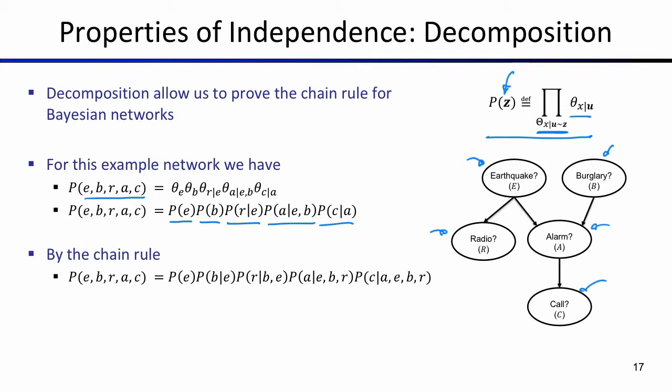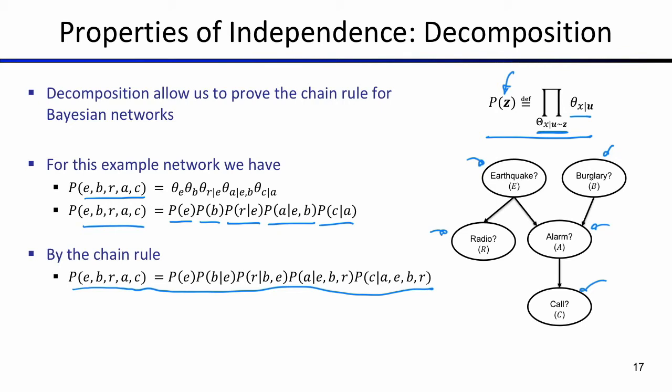We know that it's not true for every possible distribution. We are making some independence assumptions here. In order to understand which independence assumptions we are making, we can use the chain rule. So this here on the bottom is the chain rule, and we know that there are n factorial possible chain rules, so we are choosing one that is very special, that will match in some way our chain rule for the Bayesian networks.